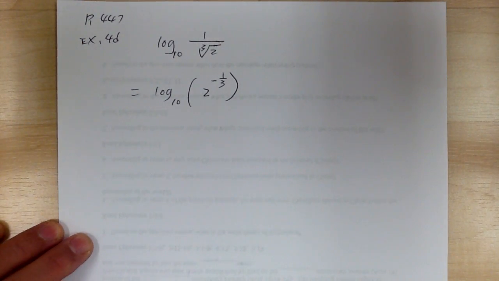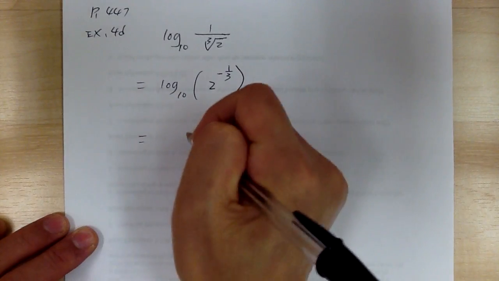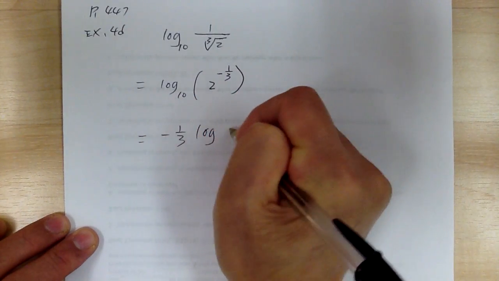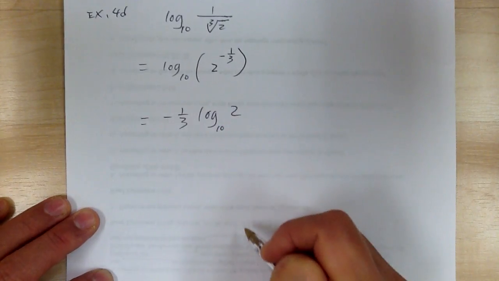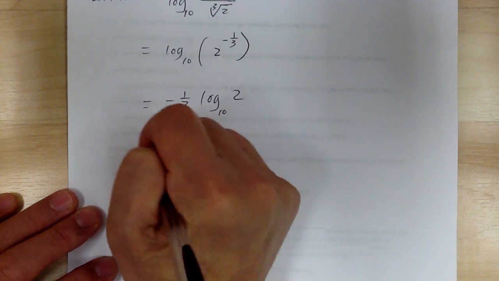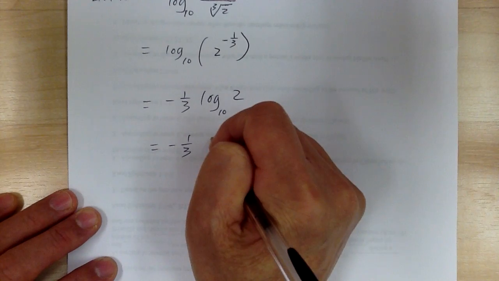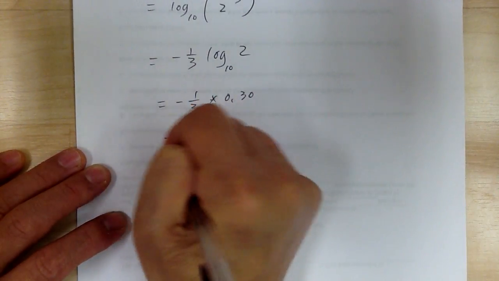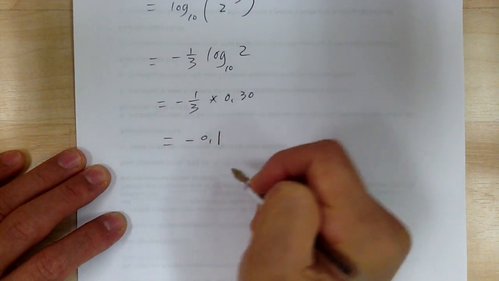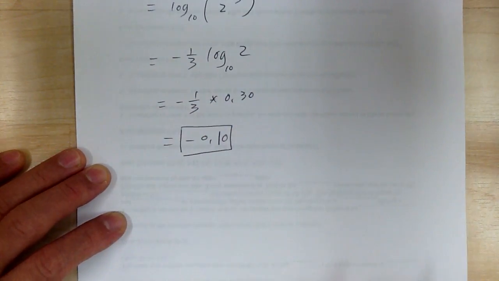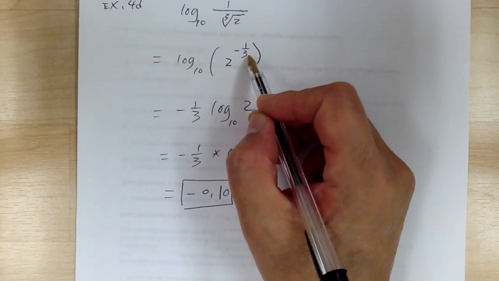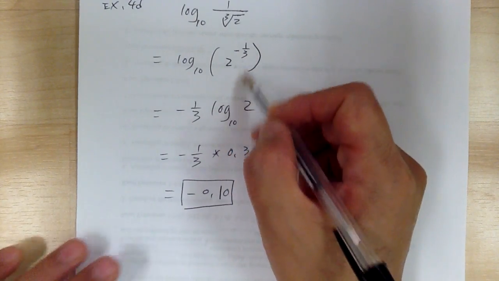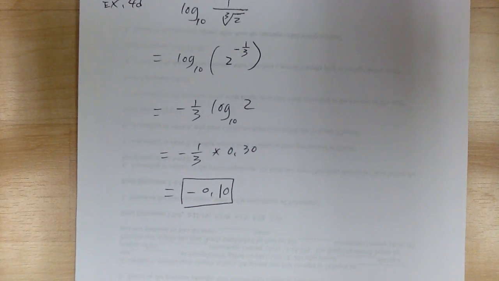Okay, and then you can apply the third law. So this is equal to negative 1/3 log of 2 base 10. Now you can evaluate. So this is negative 1/3 times 0.30, so it's going to be equal to negative 0.1. And that's it. Okay, so again, whenever you have radicals, get rid of them. Make it into exponential form, and then you can go from there. Okay, let's go to example 5.